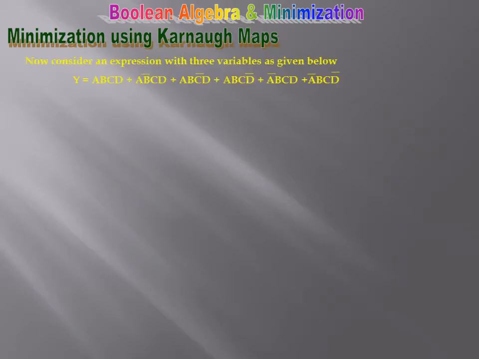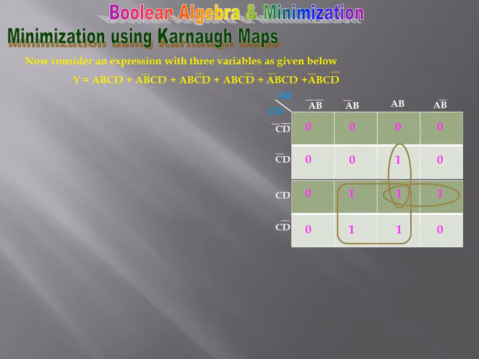We move forward with the expressions again, and if this expression is there with 6 min terms, I have placed them in the Karnaugh map and I have made the pairs and chord.